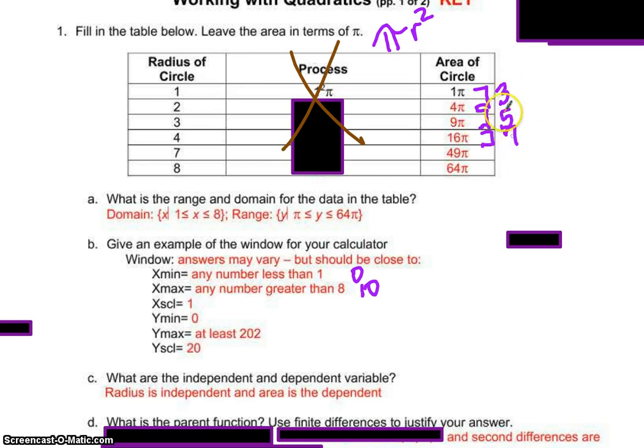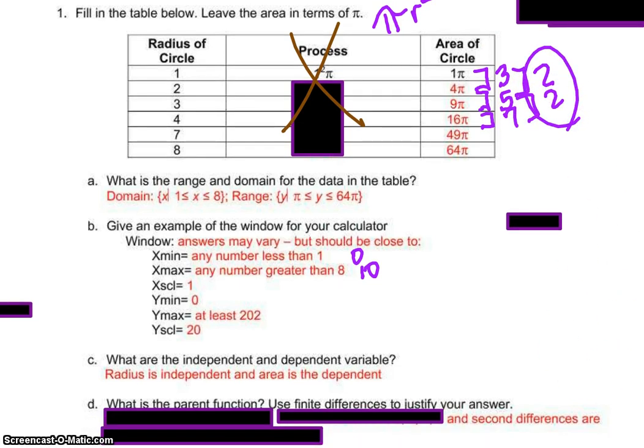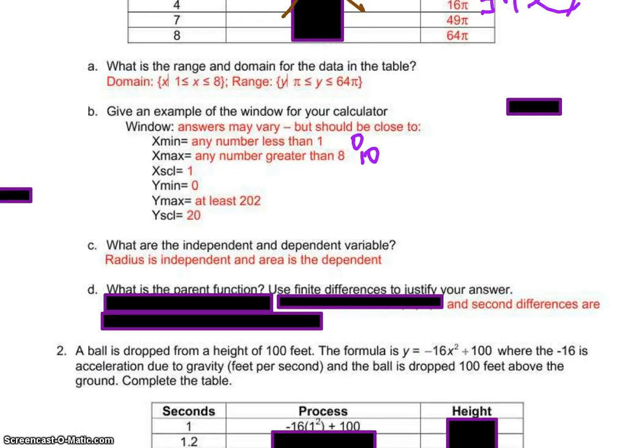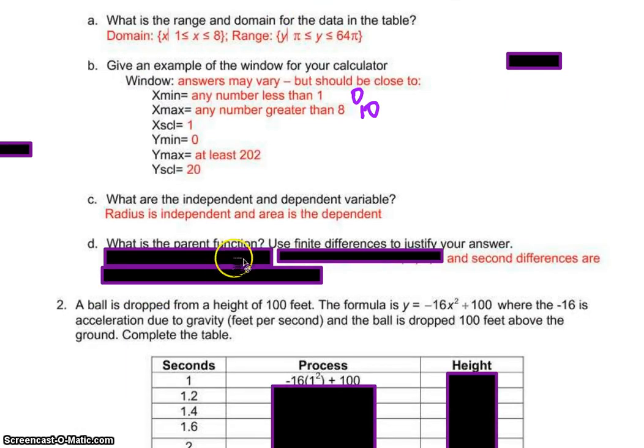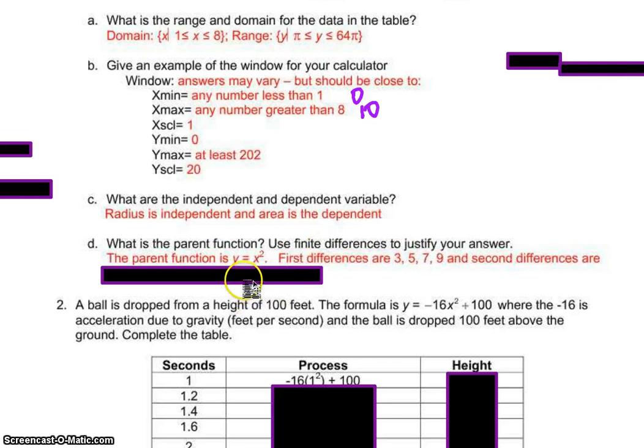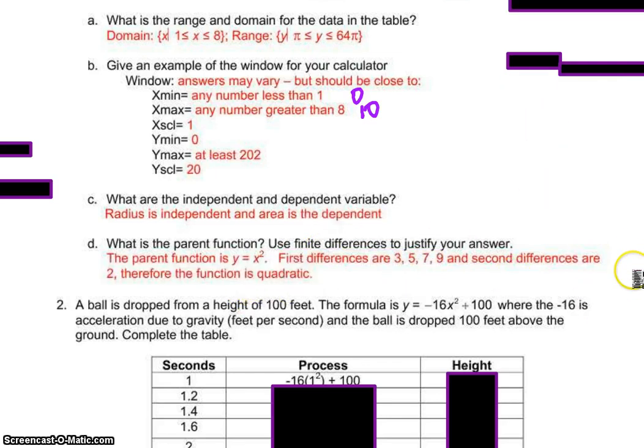Okay, so it's not linear, is it? 5 minus 3 is 2. 7 minus 5 is 2. Guess what? It's going to be quadratic. So what is the parent function? Well, what is your parent function for quadratics? Parent function for quadratic is y equals x squared. And they're justifying it by saying that the second difference is the same as you go down.